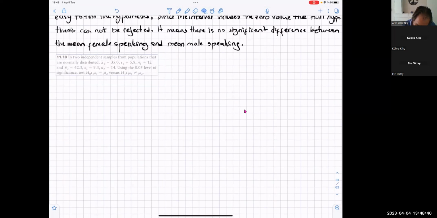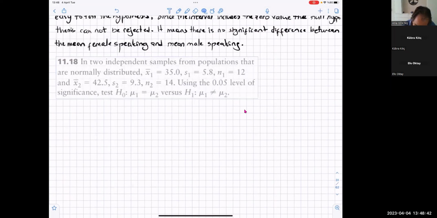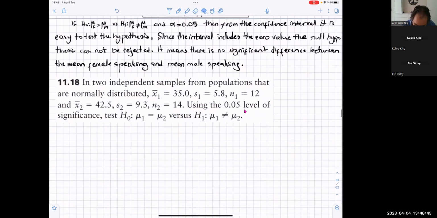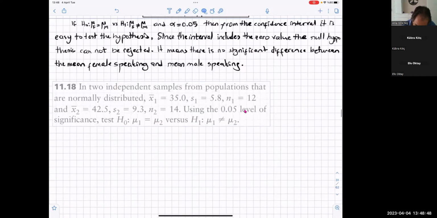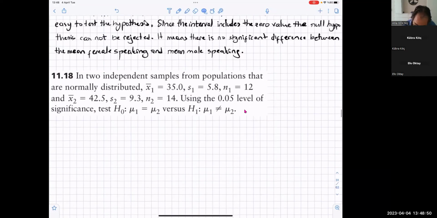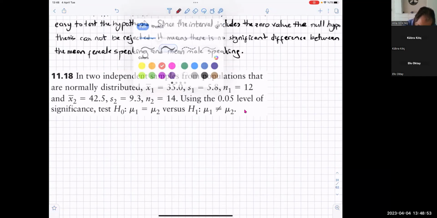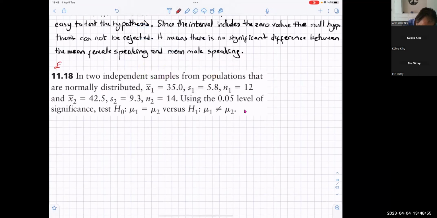Another example. Okay, in this example, you don't need to worry about the verbal statement.